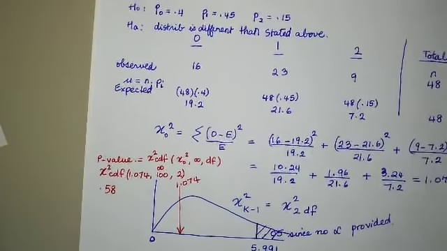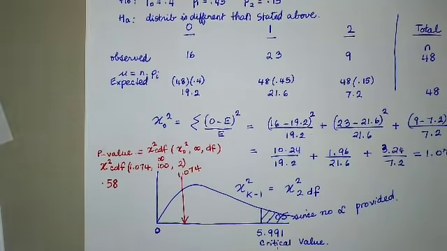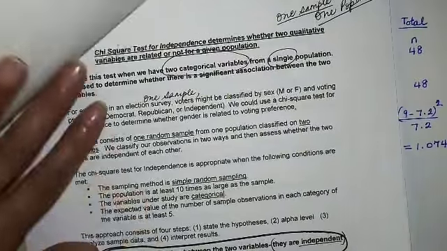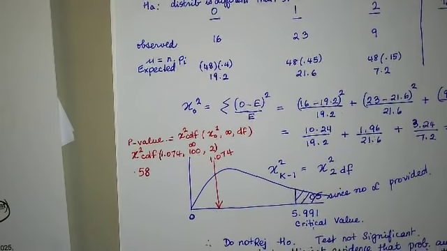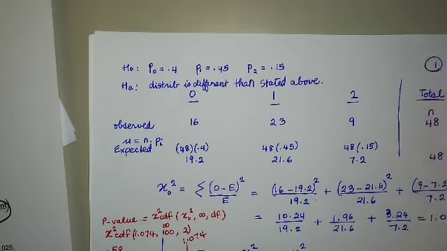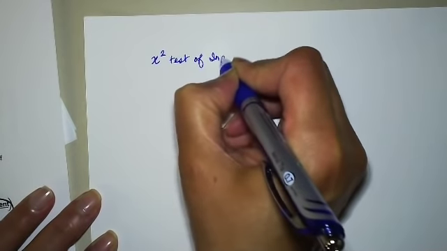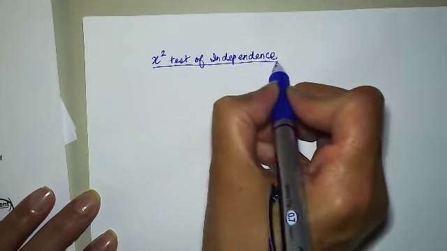So let me go to a different test, chi-square test of independence. And let's see where that is. The very next page, page 6. Chi-square test of independence.